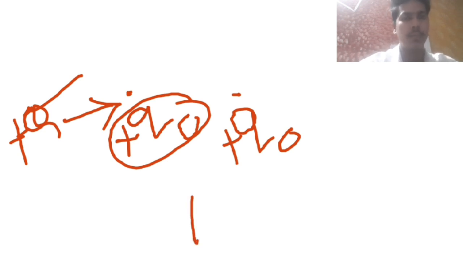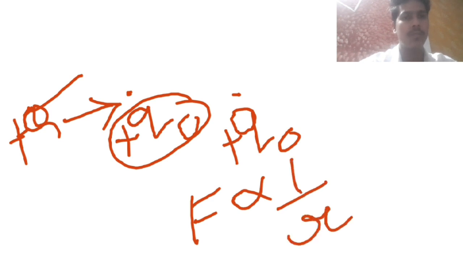Why? Because force is inversely proportional to the square of the distance between them. So if the distance between them is small, then the force will be greatest. And if the distance between them is more, then the force between them will be less.